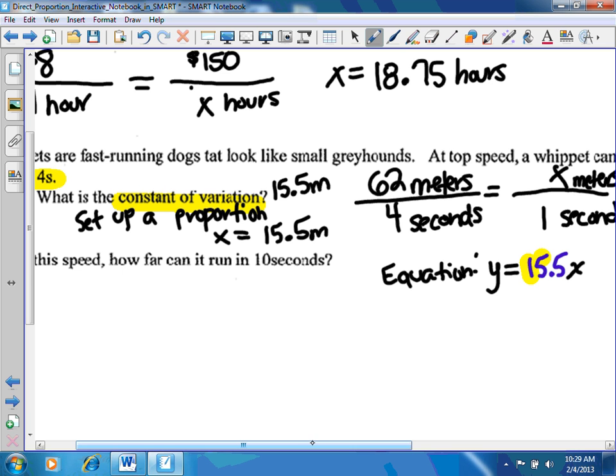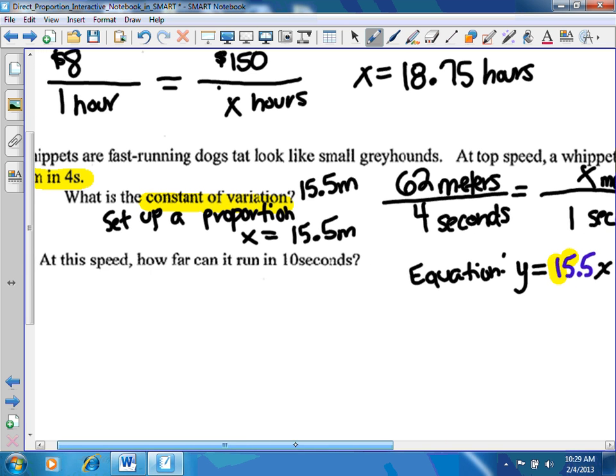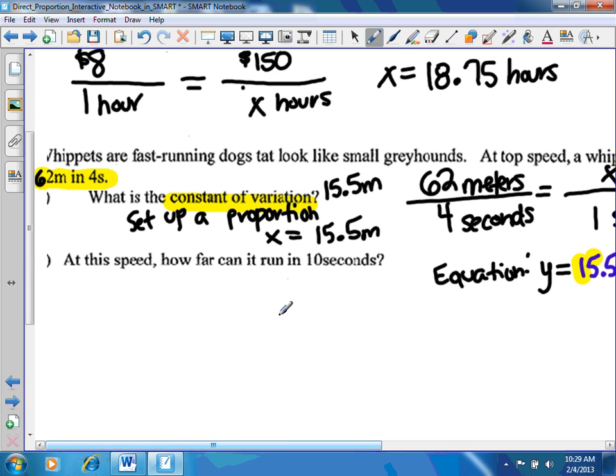Okay, next it says, at this speed, how far can it run in 10 seconds? How do I figure this out? Set up a proportion.